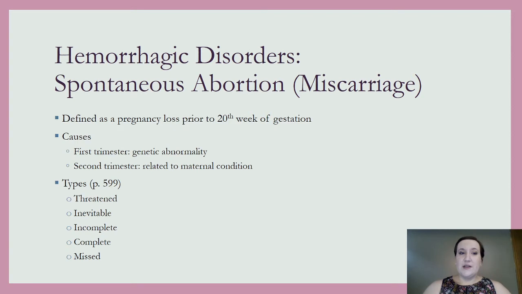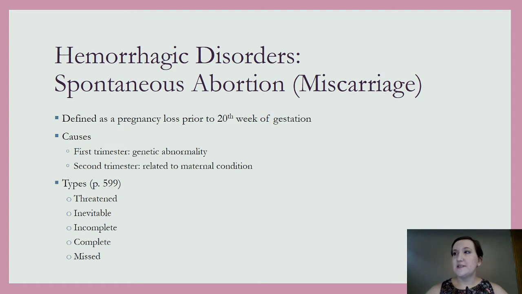When we're talking about second trimester, again, that is usually due to some sort of abnormality with the mother's overall condition, not related to hormones. So if we've got a poorly controlled diabetic, you have potentially a placenta that's just not functioning the way that it should.